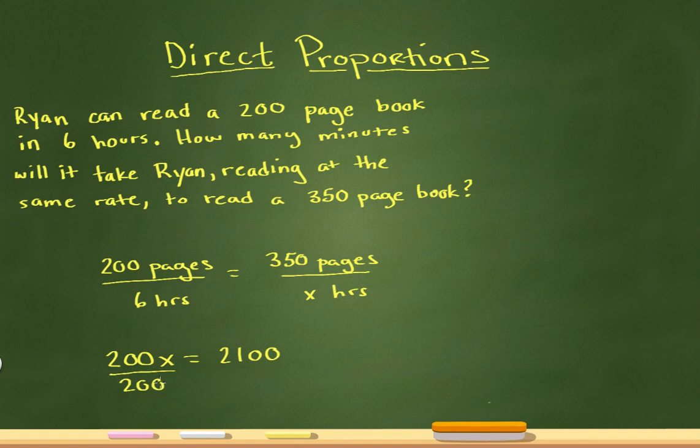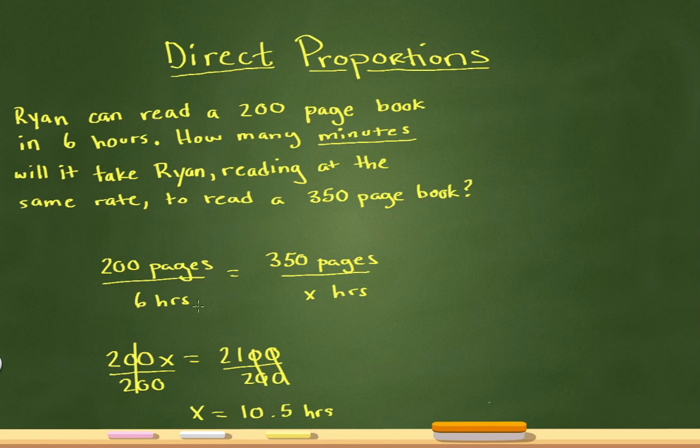Divide by 200. Divide by 200. And we get x is, you can cancel these zeros here, and you're going to get 10.5 hours.